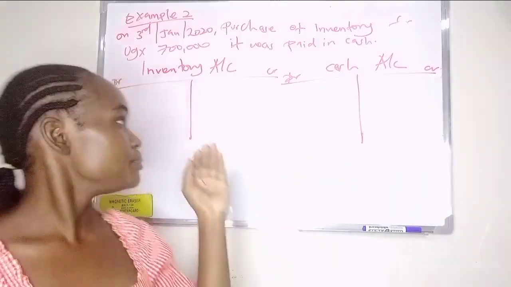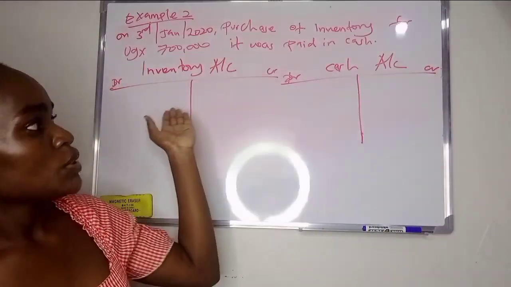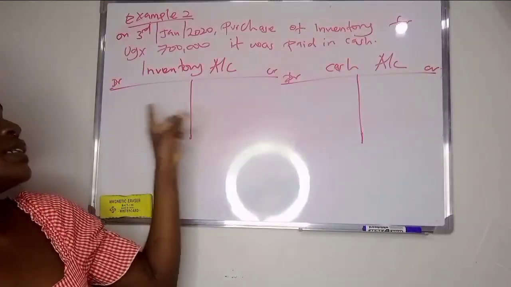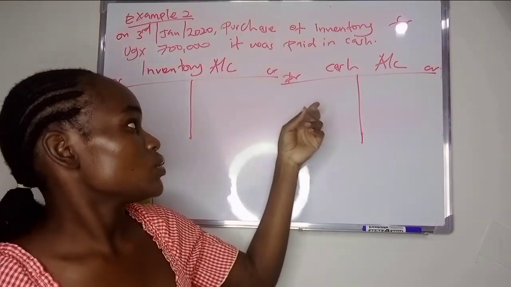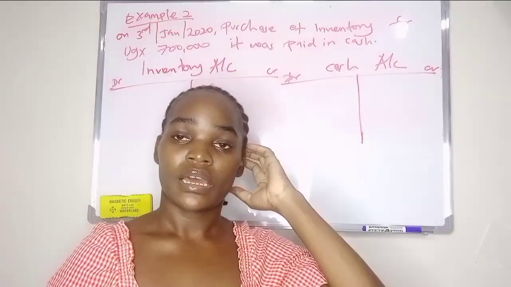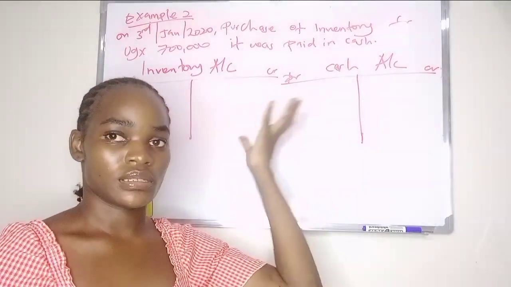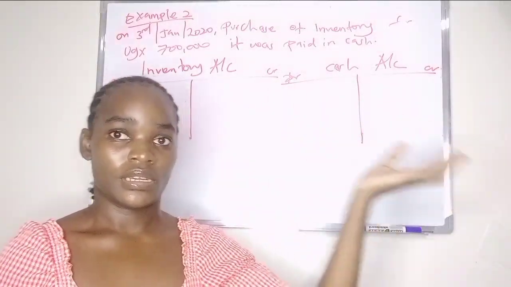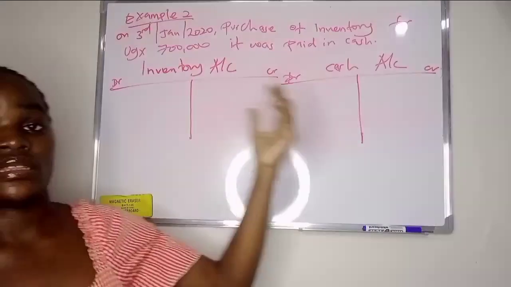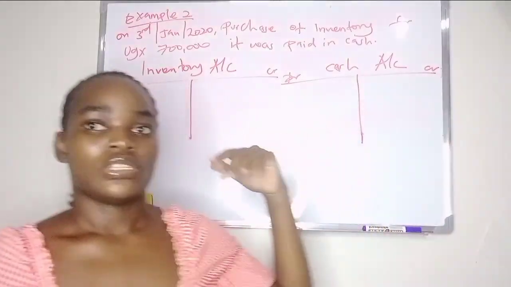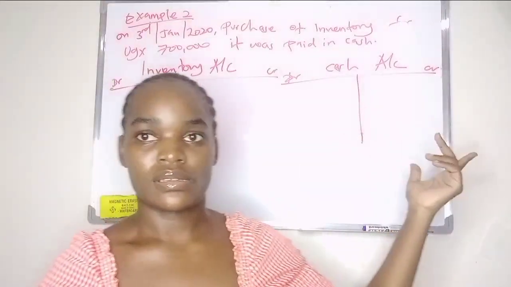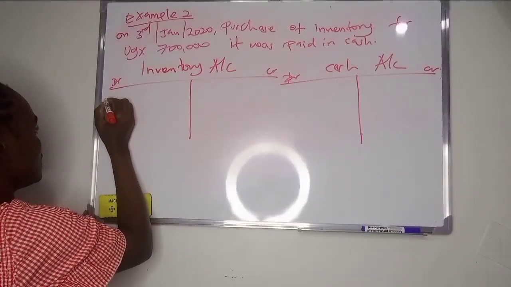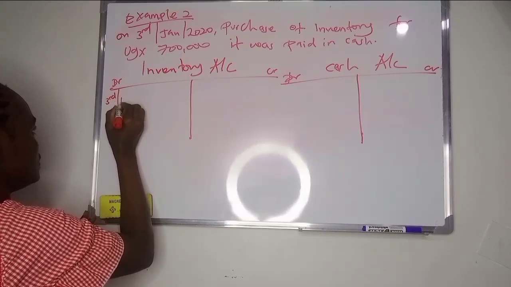So these are the two accounts that we have. We said inventory is an asset. It increases by debiting. Then cash is also a current asset. They are all current assets, and they all increase by debiting and reduce by crediting. In this case, this is increasing and this is reducing. So we shall debit this and credit this. So here we write 3rd Jan.